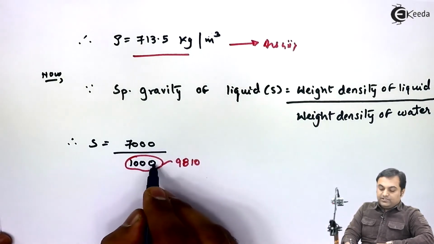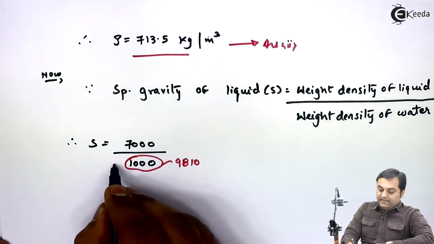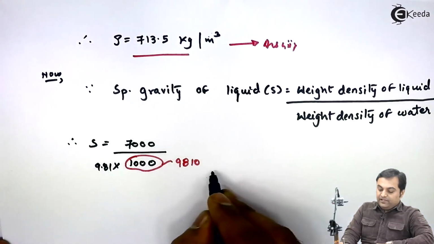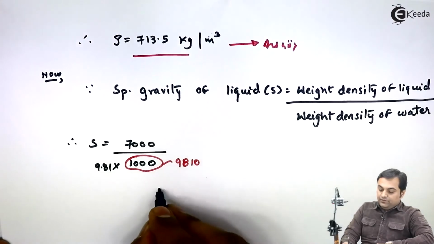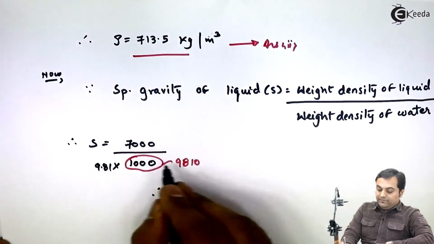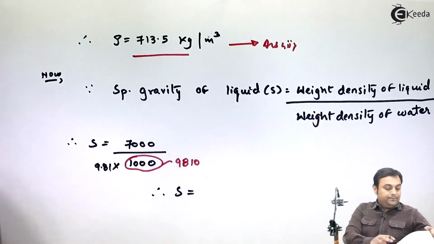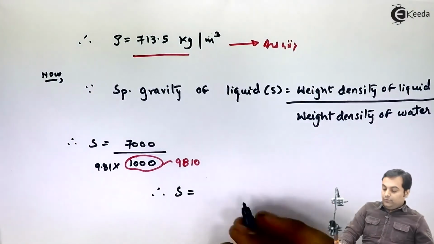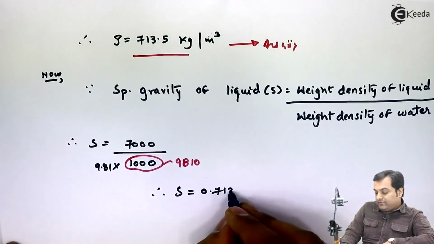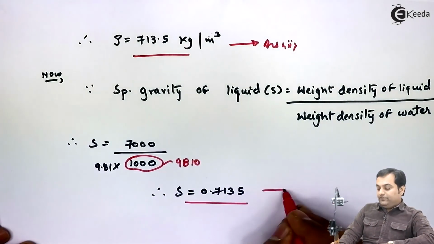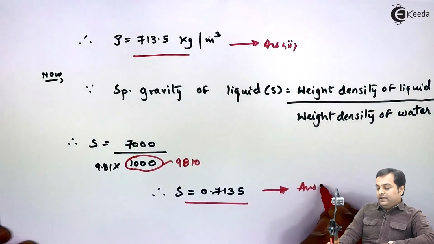Because 1000 is the mass density, and if I multiply it with g, that is 9.81, that gives me an answer of 9810. So if I divide numerator by denominator, my answer of S comes out to be 0.7135.